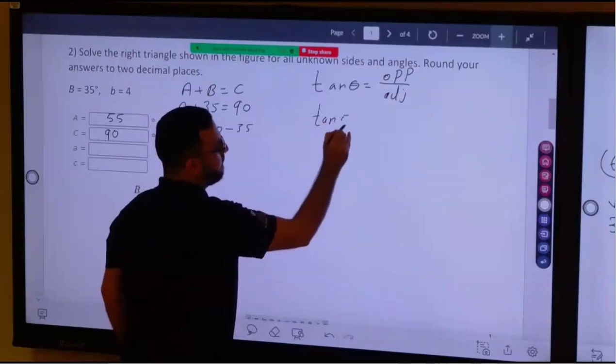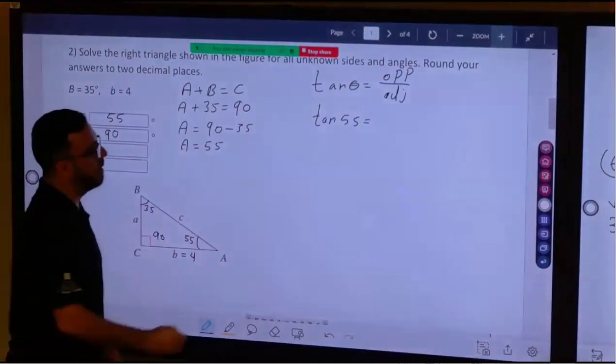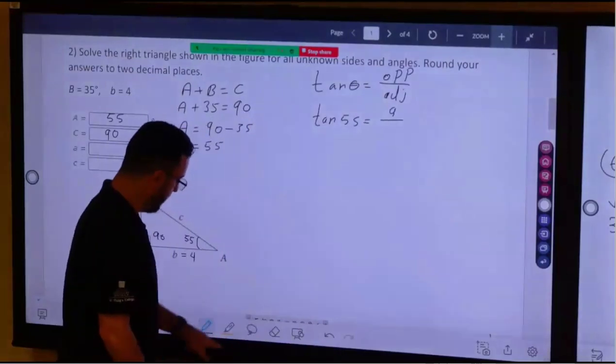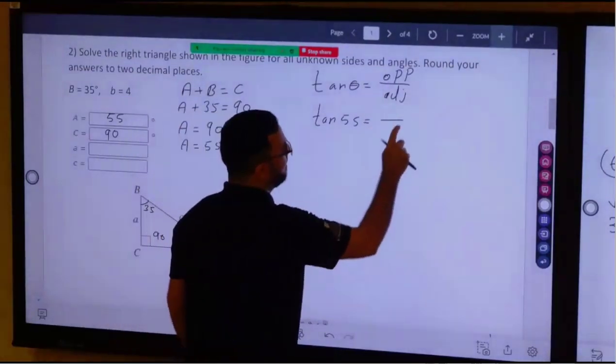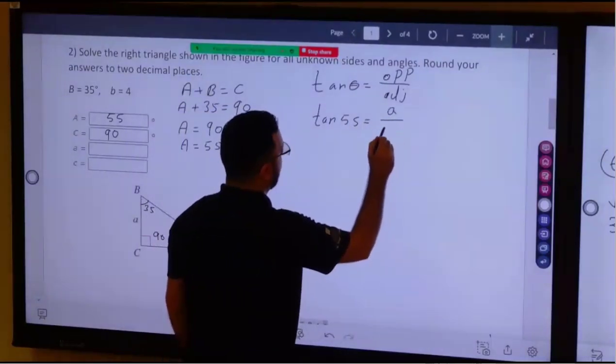The angle is 55, equals the opposite A over 4.